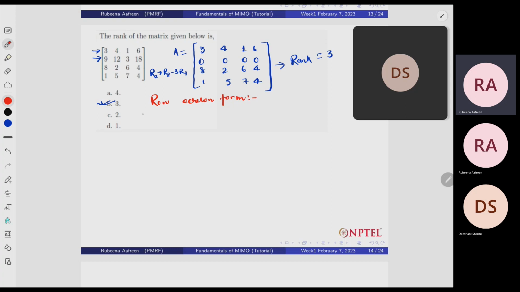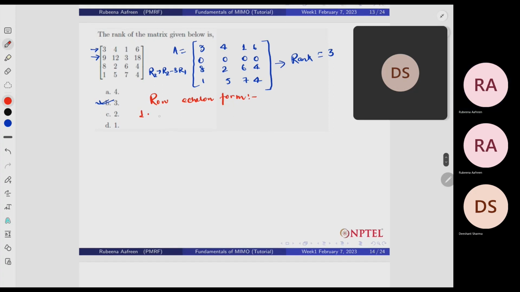So for the row echelon form, first thing is that all 0 rows should be at the bottom of the matrix.